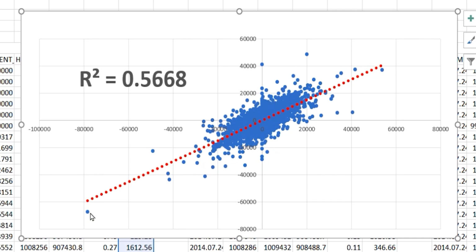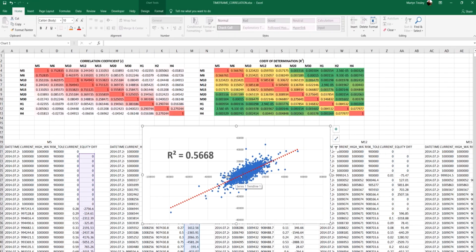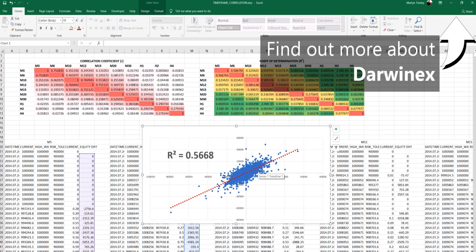This bottom left quadrant means that both equity curves moved down at the same time, and then the bottom right and top left quadrants represent times when the equities moved in opposite directions. And as you can clearly see from this, generally they move in the same direction the majority of the time, which indicates there's likely to be a high level of correlation.